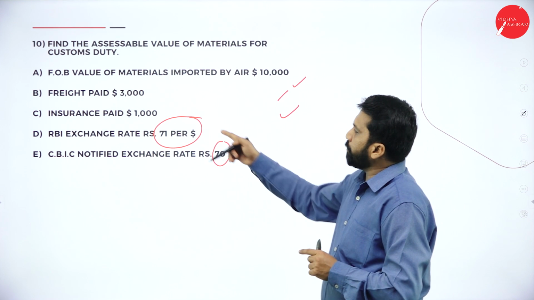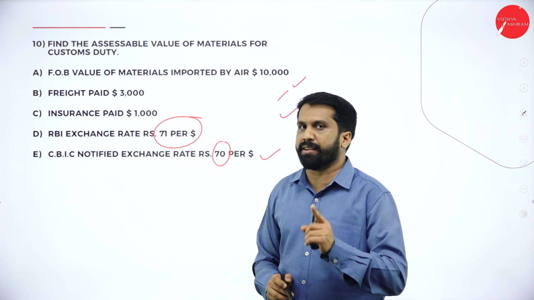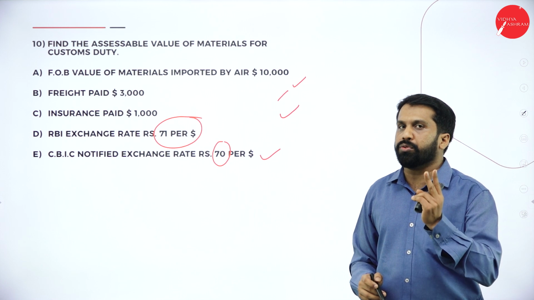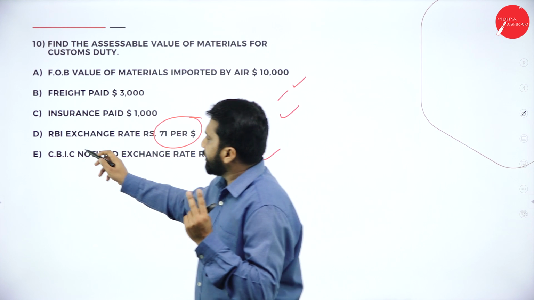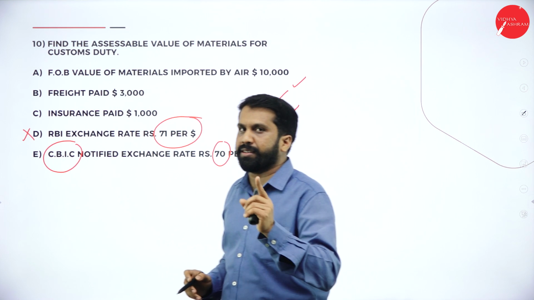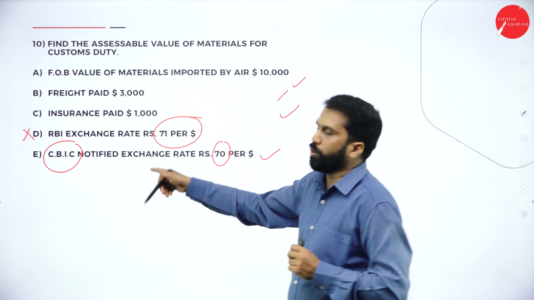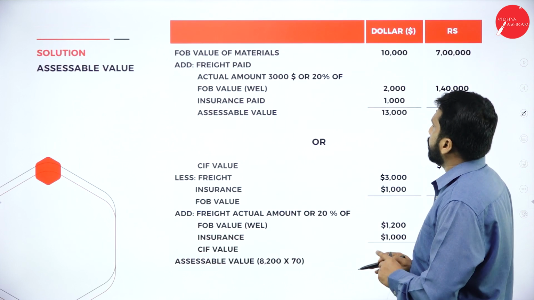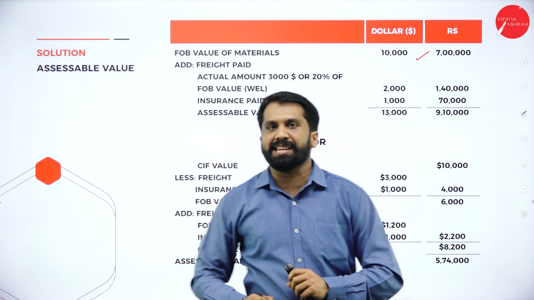Remember, if they give two rates, always go with CBIC, not the RBI rate. In your examination, if you get two rates for your dollars, always go with CBIC, not RBI. Clear? Why? Because if you take the RBI rate, your whole problem is wrong.